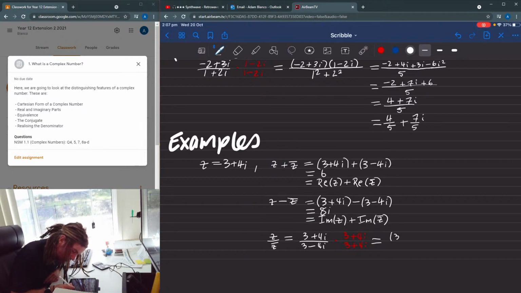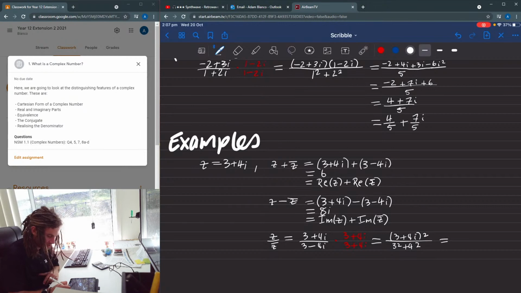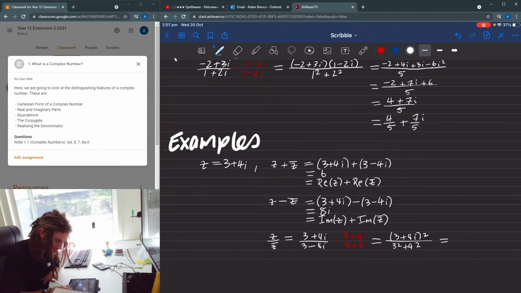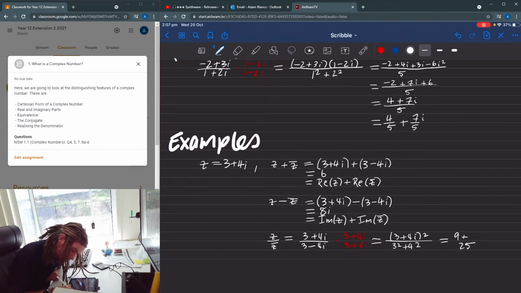Okay, so this ends up being 3 plus 4i squared, and this ends up being 3 squared plus 4 squared. Okay, 3 squared plus 4 squared. Oh, that looks like a 3, 4, 5 triangle to me. That's 25. This thing is going to be 9 plus 3 times 4 is 12, 24i. That's right, isn't it?